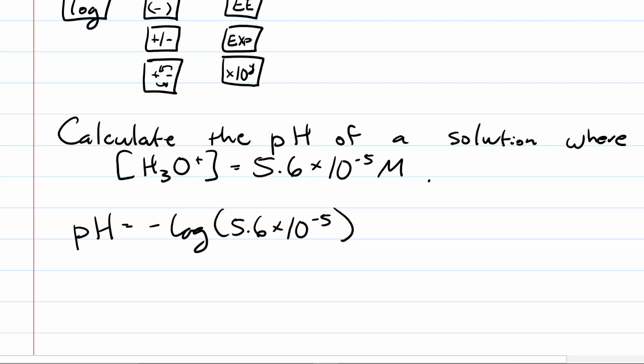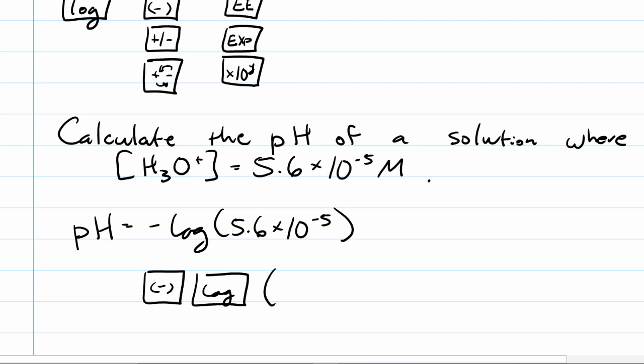Now here's how you enter it into your calculator. If you have a TI graphing calculator, here's the convention. First thing you're going to put in is the negative sign. You're going to put in the sign changer. Then you're going to put in the log button. And then it should pop up some parentheses.